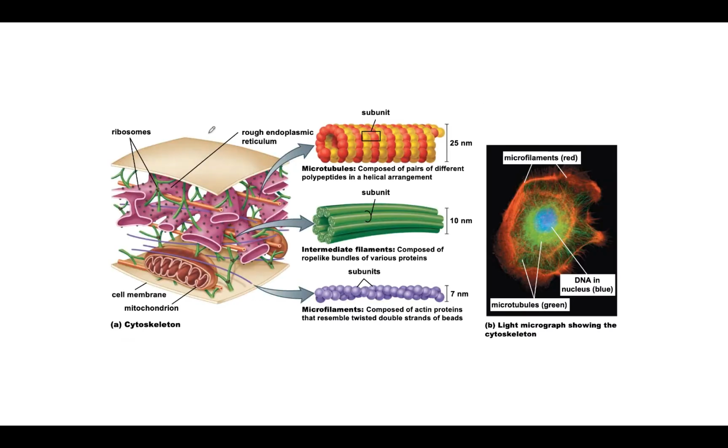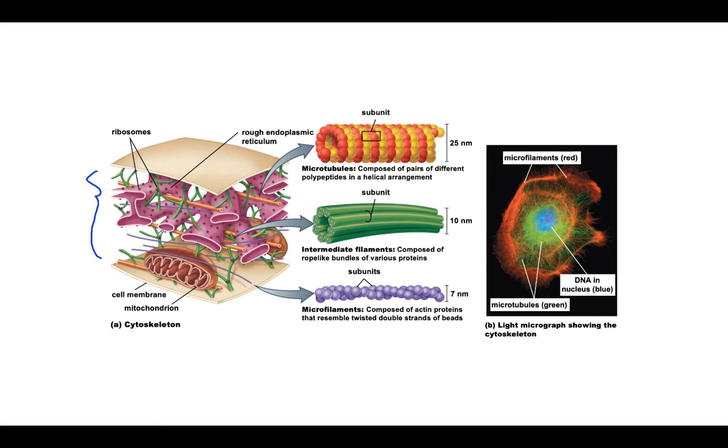So this is the plasma membrane, and you can see inside, this is the cytoplasm portion. Inside the cytoplasm, there are several organelles, and you can see this orange line represents microtubule. This green line represents intermediate filament.